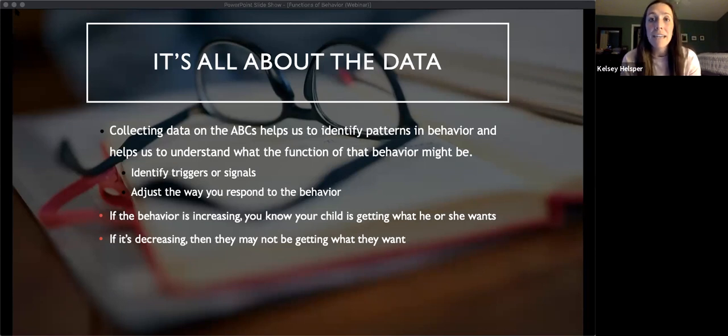If the behavior is increasing over time, then your child in that scenario is likely getting what they want out of that scenario. But if it's decreasing, then they may not be getting what they want, or if nothing's really happening. So it really just helps us to pay attention to what we're doing and what role we play in the behavior. It helps us to make decisions about how we want to respond to that as well.